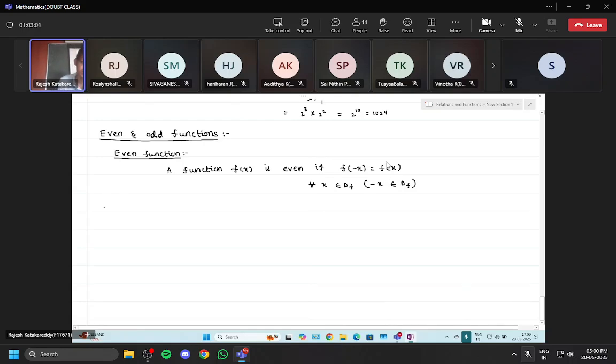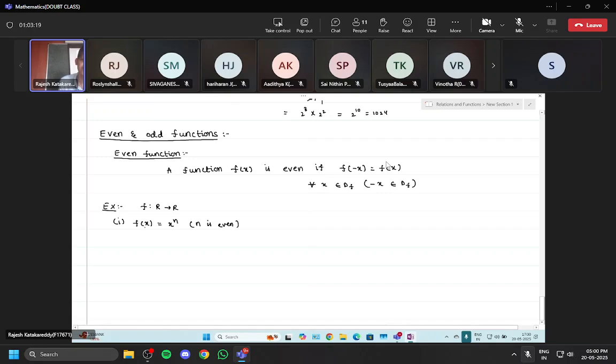Some examples of even functions, all are mappings from real to real. f of x is equal to x power n, where n is even.